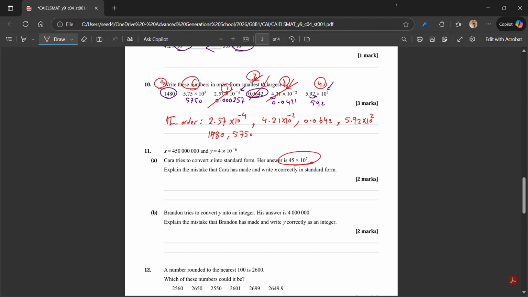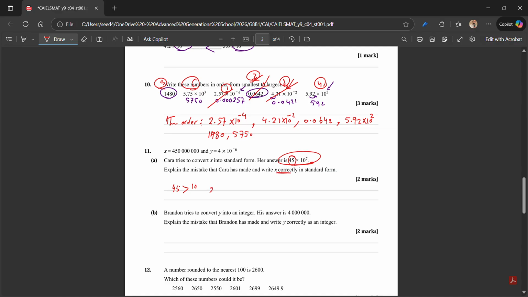Explain the mistake that has been made and write x correctly in standard form. The mistake here, guys, look at this number. Is it between 1 and 10? No. Here 45 is bigger than 10. So this is the mistake, guys.